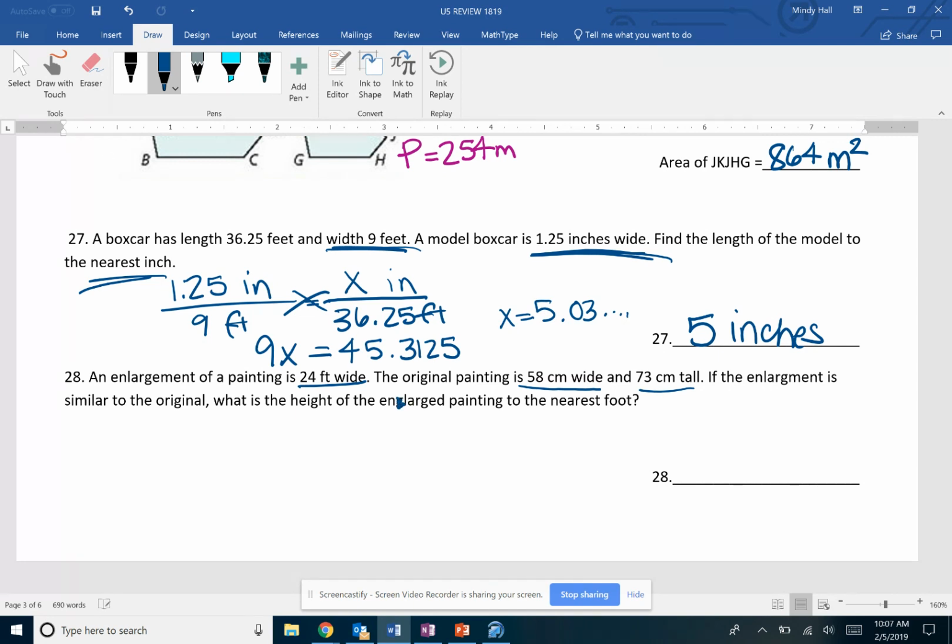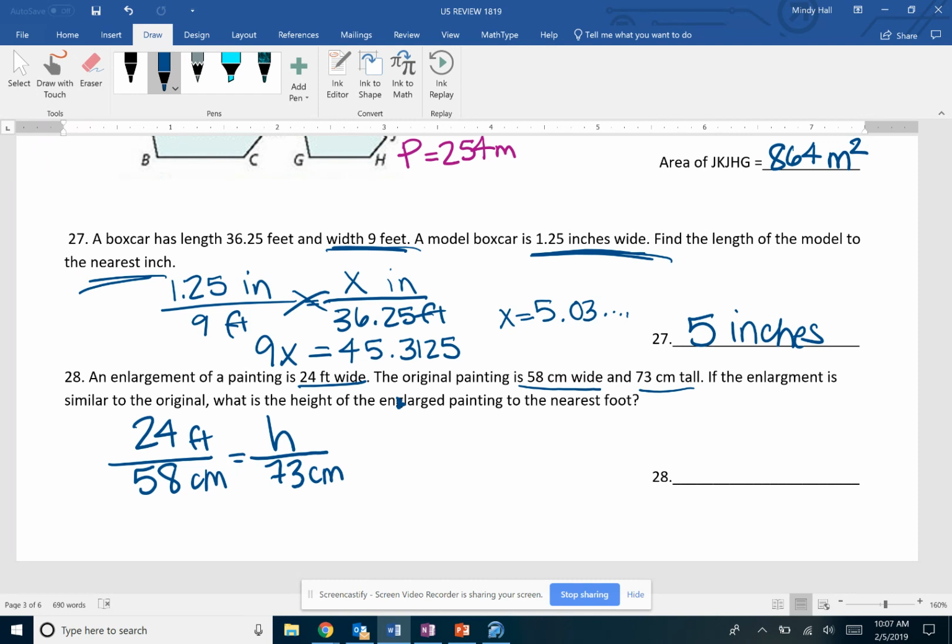So because I know it's 24 feet wide, that's going to compare to the 58 centimeters wide. And so because we're looking for the height, I'm going to label it as H because we're looking for feet. And my foot was in my numerator for my other side. And we know that the picture is 73 centimeters tall.